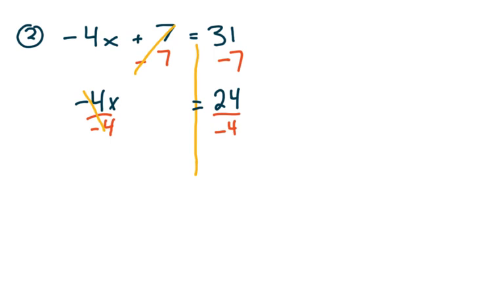So the negative 4s cancel out. So on the left side, I've isolated the x. 24 divided by negative 4 is negative 6. So my answer is x equals negative 6.